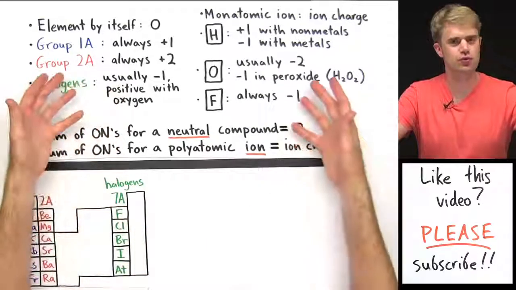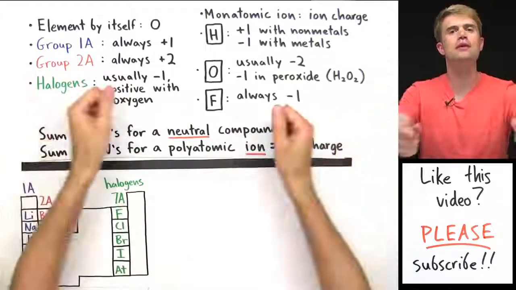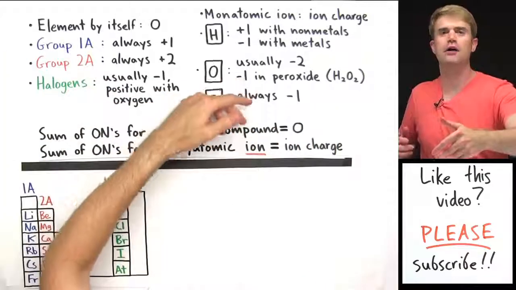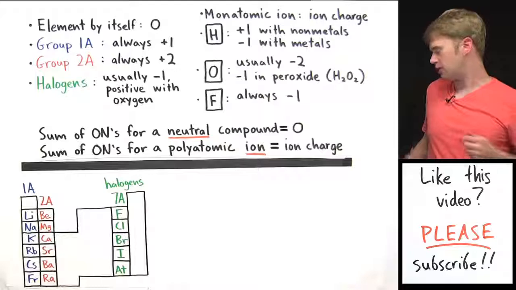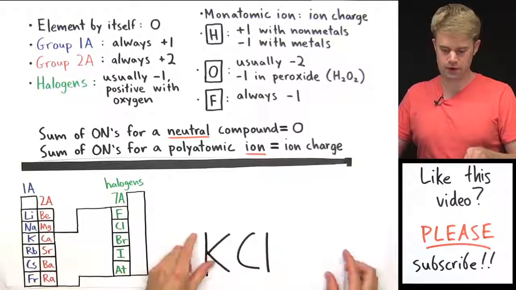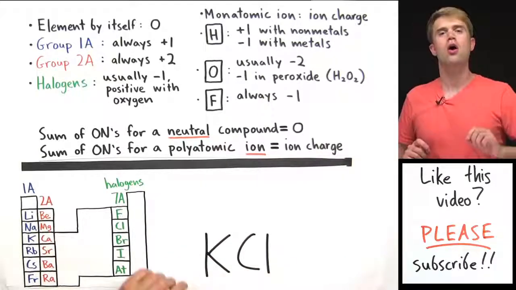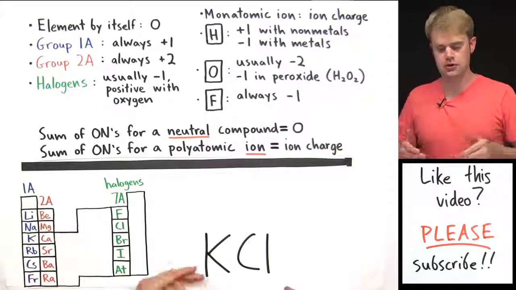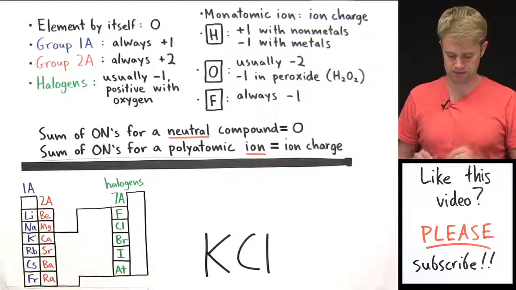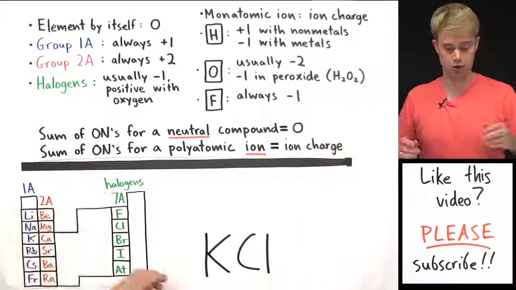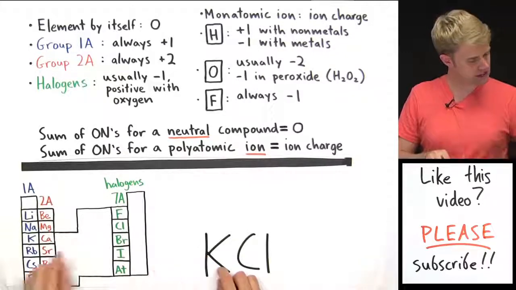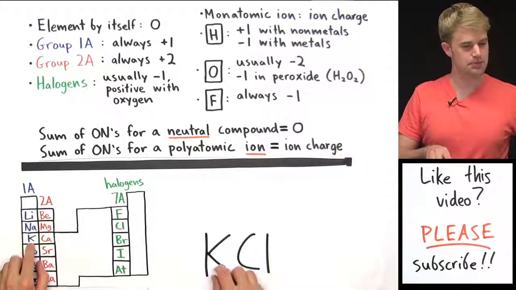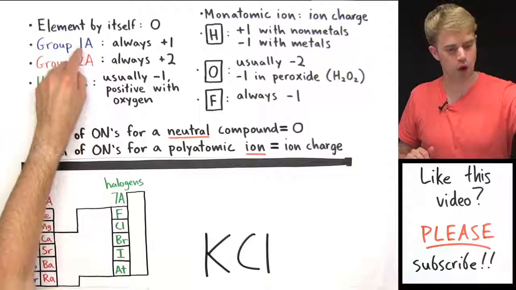Now for the rest of these rules, we usually use more than one together. So I'll just talk about these as we use them in example problems. Here is our first example. KCl, we want to figure out the oxidation numbers of the elements in this compound. Let's take a look at our rules. K, potassium, is in group 1A.